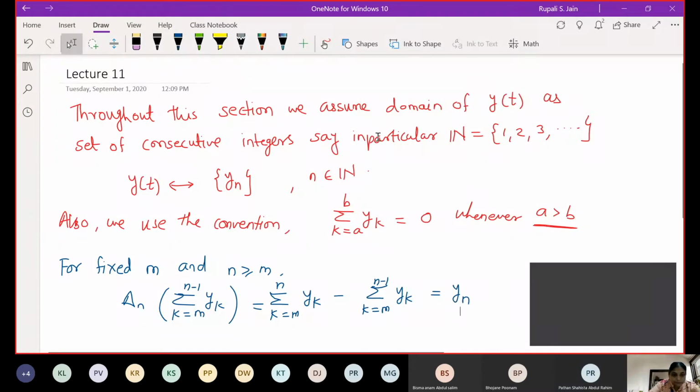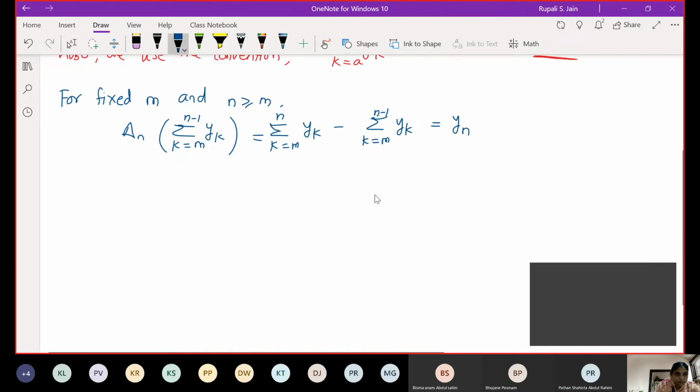And for fixed p, where p is greater than or equal to n, what should be delta n of summation k equals n to p of y_k?